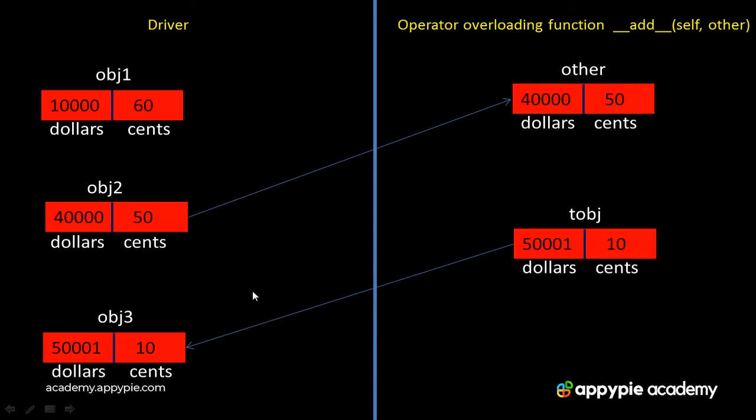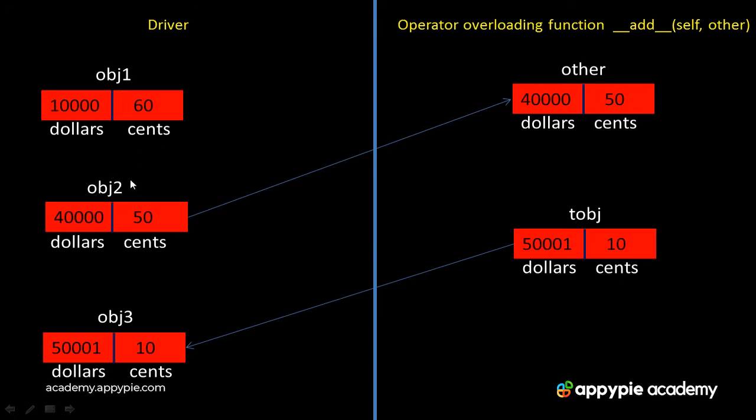So I will create an operator overloading function, double underscore add double underscore, like we have seen in the example in the previous lecture. I would be calling add through the object obj1 and passing obj2.